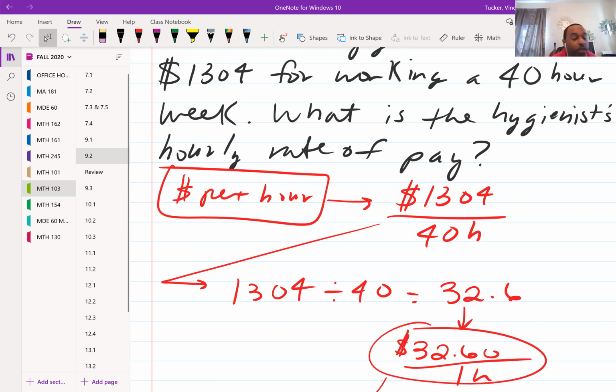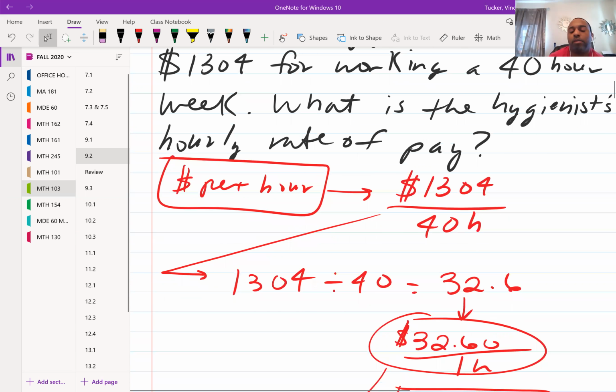So if you want to know how much she makes per hour, that's $32.60 per hour.